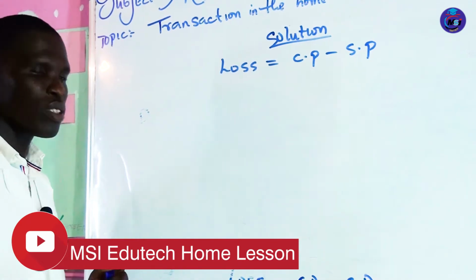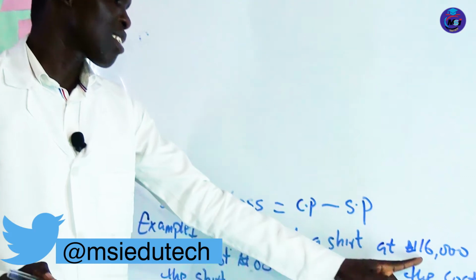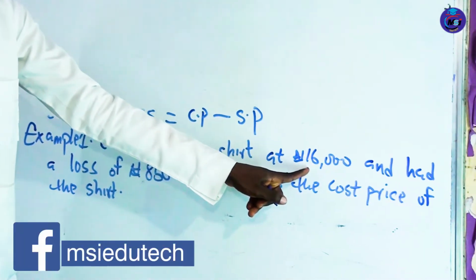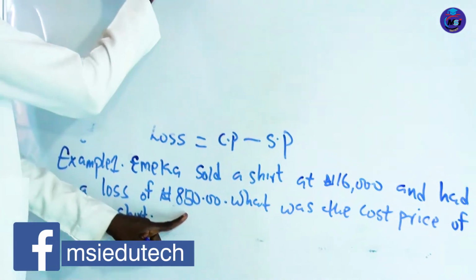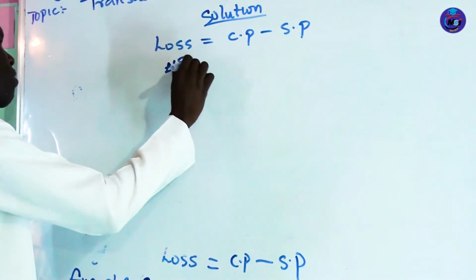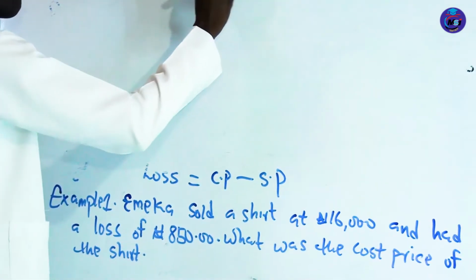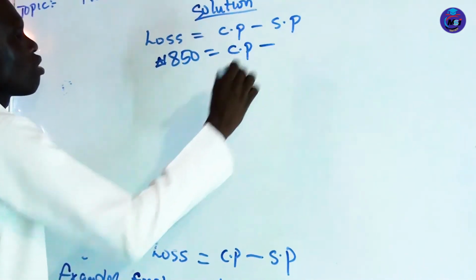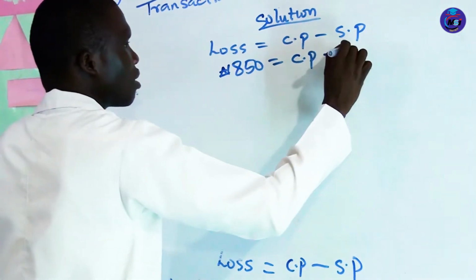From the equation, Emeka sold a shirt at 16,000 naira and had a loss. The loss is 850 naira and the cost price is not known. While the selling price is 16,000.